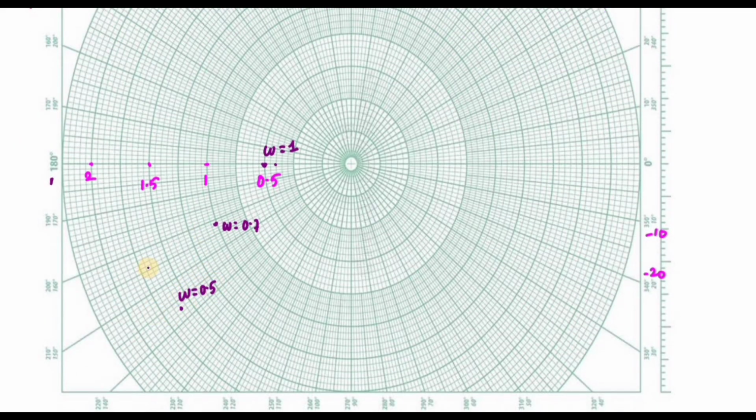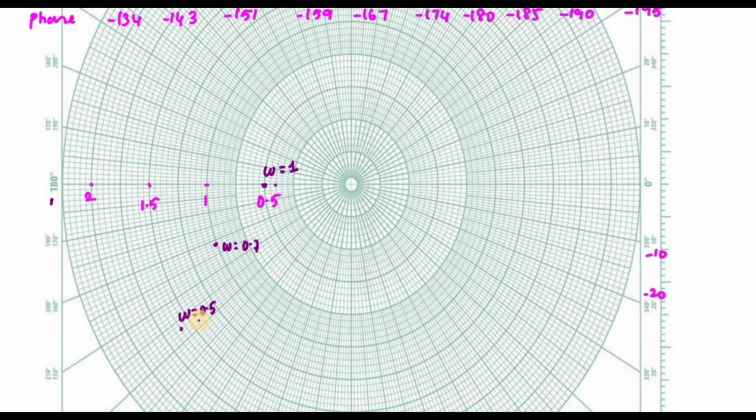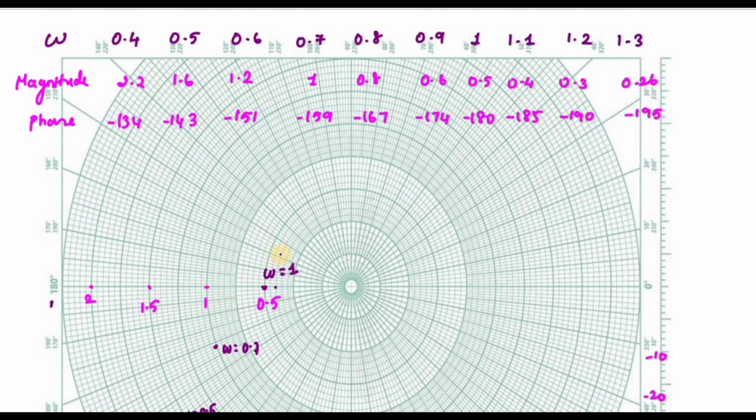Next, at 0.4. So this is 0.4. It is minus 185. So here you can see at this point it is minus 185. So it is 1.10. So the omega value is 1.10. So now you can see it is a type 1 and order 3 system, right?